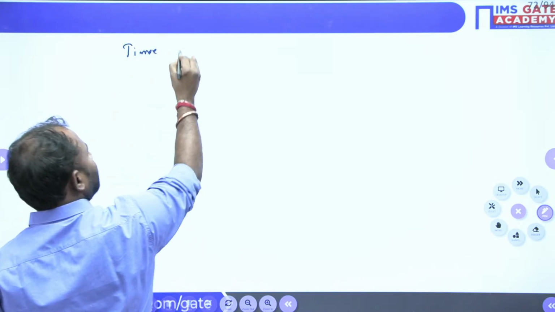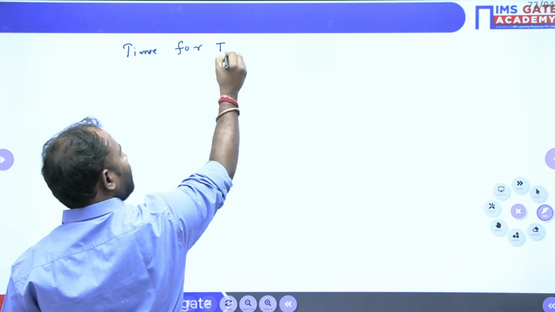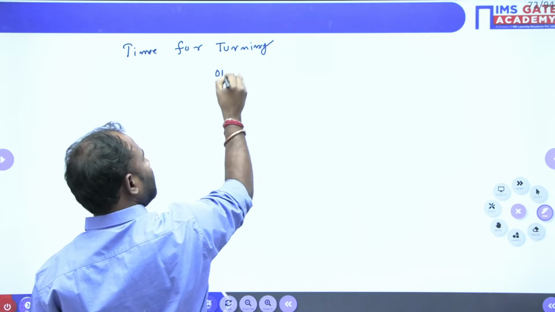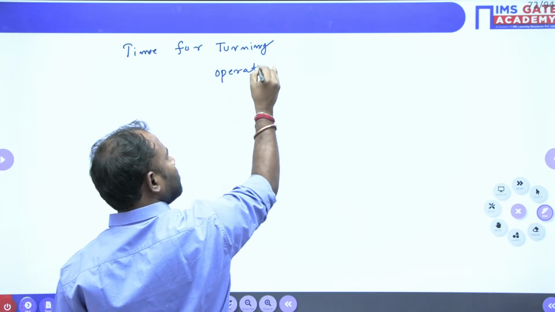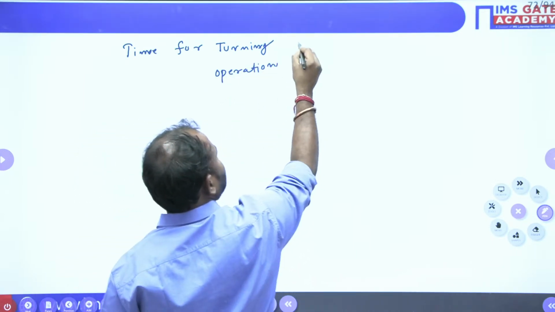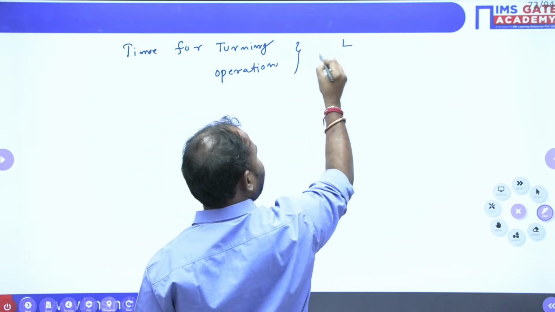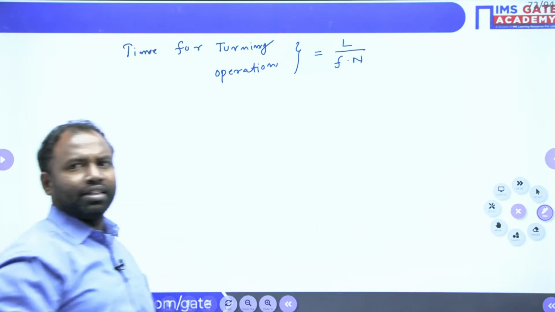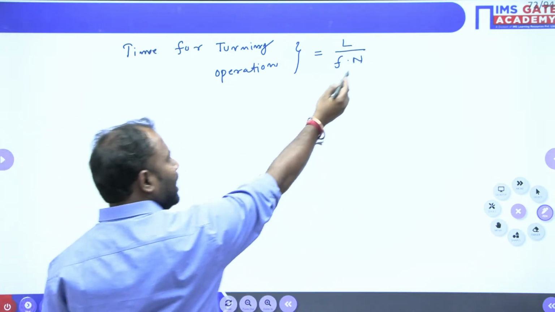Time for turning operation is equal to L by F into N, where L is the length of the job. Now N we have to find.